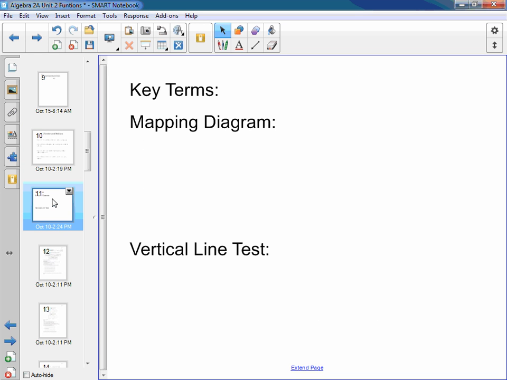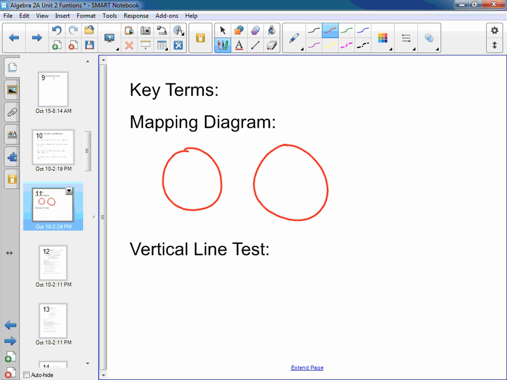So a mapping diagram is basically just a diagram that looks like this. Let me try the red. Where instead of putting your ordered pairs and listing them out, you put them in the circles. You show a mapping.